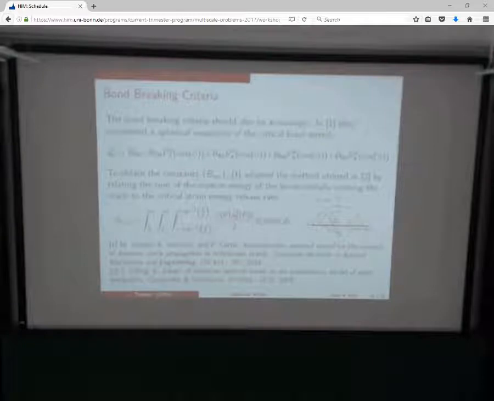And then to compare it to physical constants, Silling and Askari originally related the bond breaking criterion to the critical strain energy release rates via this formulation here. What Ghahari, Iannucci, and Curtis did is they looked at two different critical strain energy release rates, so they just did it on two different planes. So let's be anisotropic.